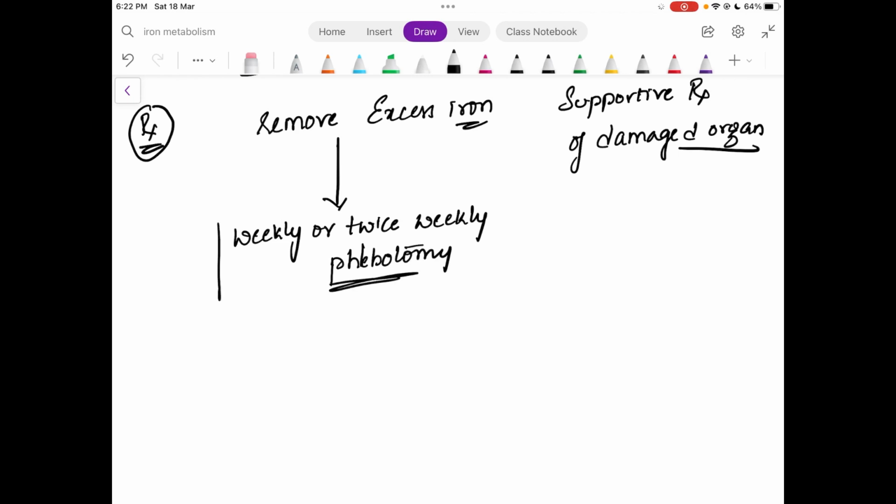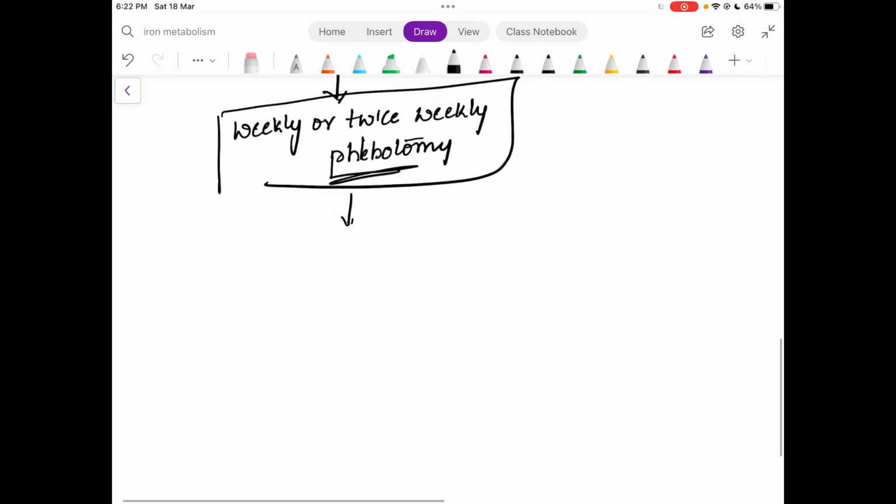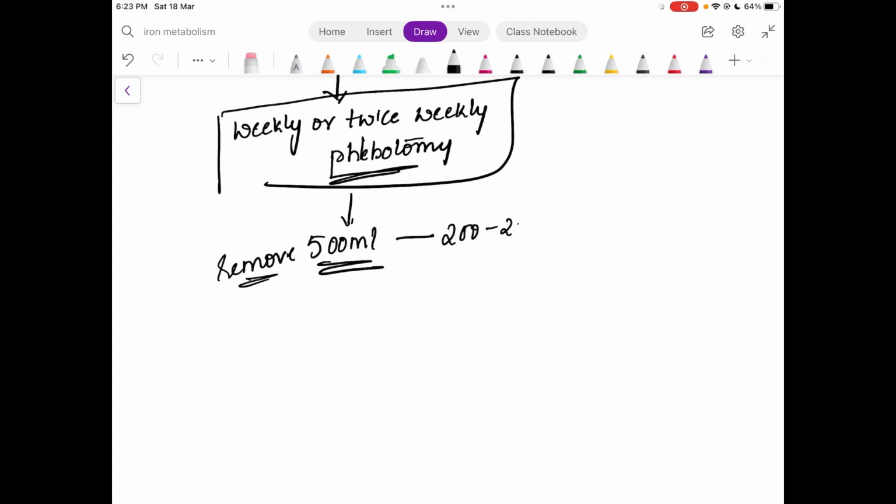How much blood do you remove? You remove 500 ml. How much iron is present in this 500 ml? Around 200 to 250 milligrams of iron will be present in 500 ml of blood.